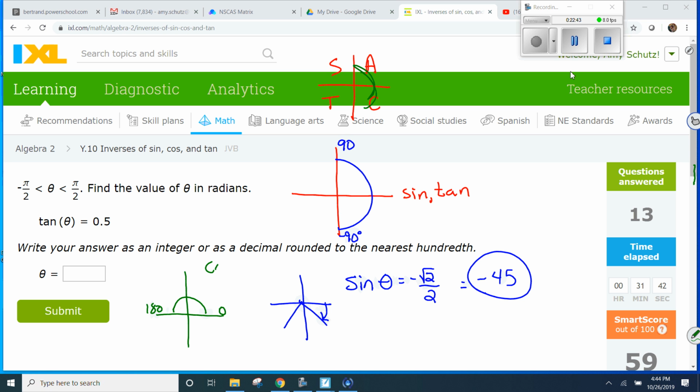So the cosine, what angle is equal to negative radical 2 over 2? That's going to give you a 45 degree reference angle in the 2nd quadrant. So you would take 180 minus that 45 degrees, and you're at 135 degrees, and that's what your answer would be. Now, if it's positive radical 2 over 2, you're dealing with the 1st quadrant, and your answer would just be 45 degrees.